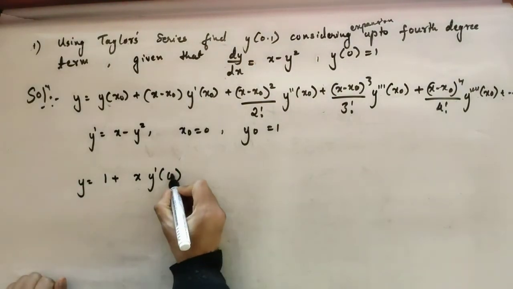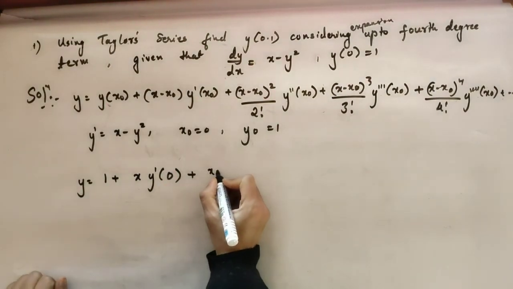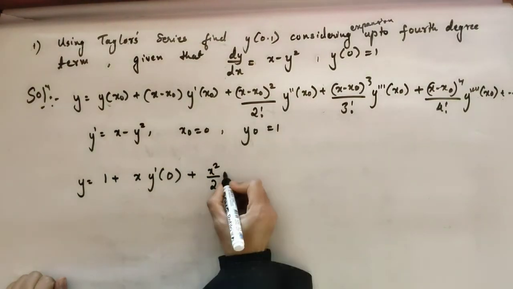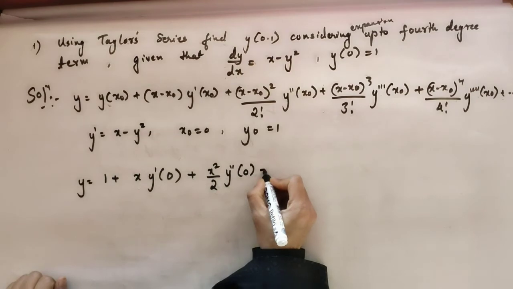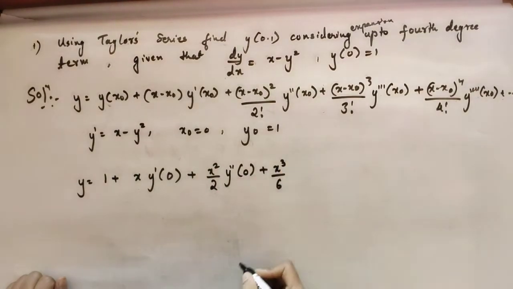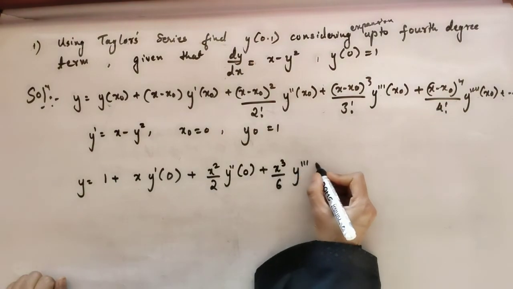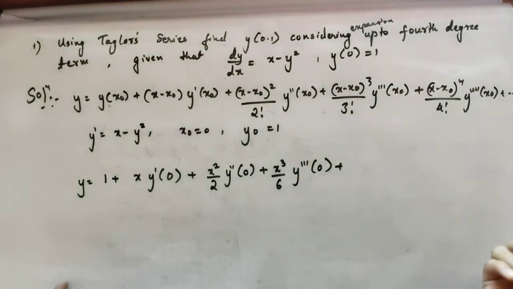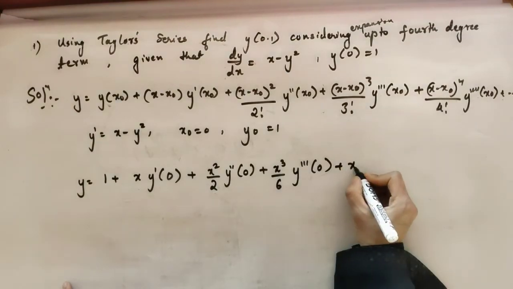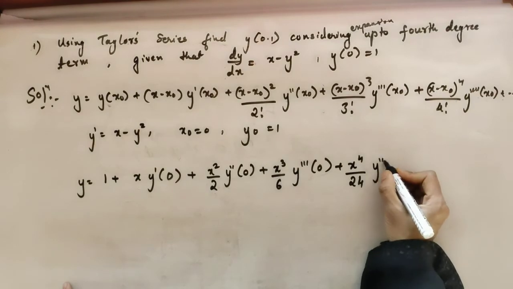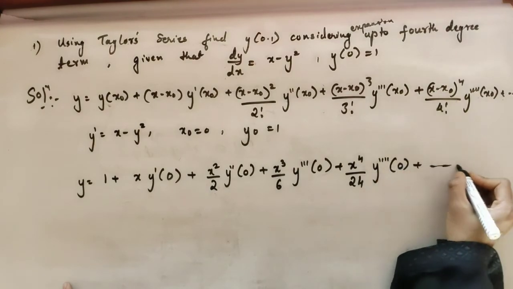So it is y dash of 0 plus (x minus 0) again square, it becomes x square by 2 factorial, which is 2, y double dash of 0 plus (x minus 0) whole cube, it will be x cube by 3 factorial, which is 6, y triple dash of 0 plus (x minus 0) to the power 4, it becomes x to the power 4 by 24, because 4 factorial is 24, y fourth dash of 0 plus so on.